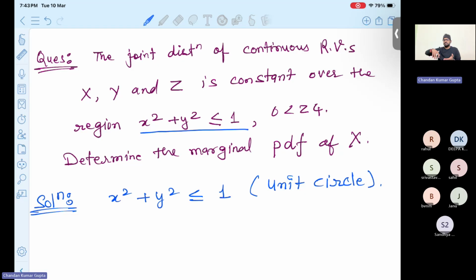You have to visualize a circle with unit radius. Now we are also given z, the third axis. We are given three axes, X, Y, and Z height. So obviously we are also given that z is 0 to 4. So that means there is a circle with a unit radius, and then there is a height.